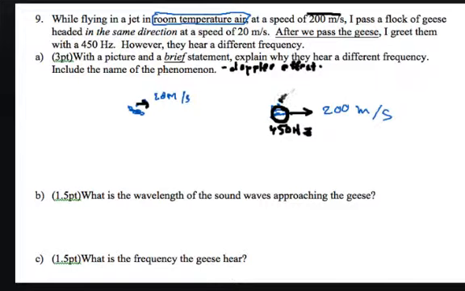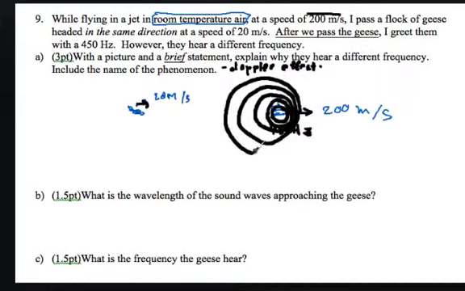Since the plane is moving in that direction, the sound waves are moving away from the source. You're getting the sound waves all bunched up at the front end, the direction of travel, and kind of stretched out at the other end.